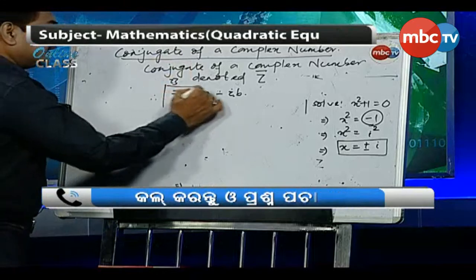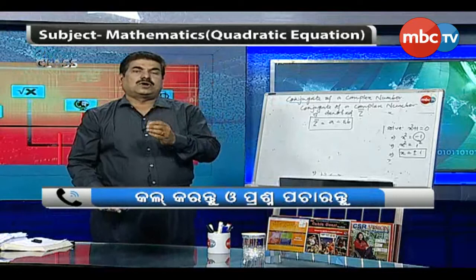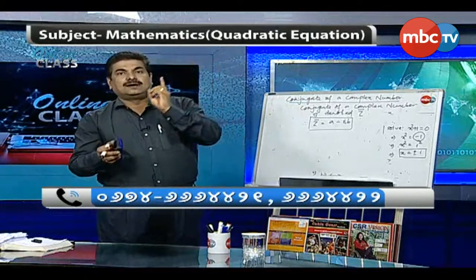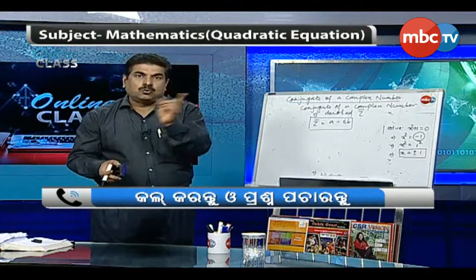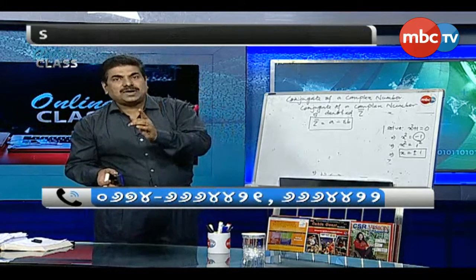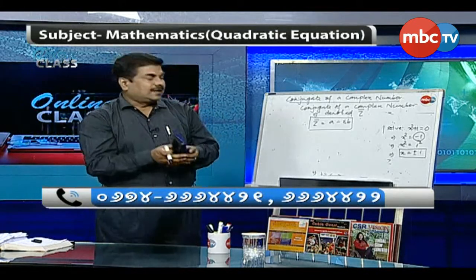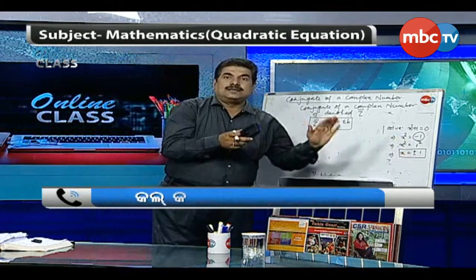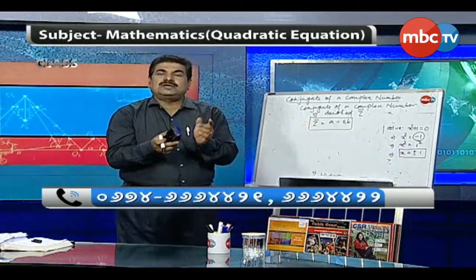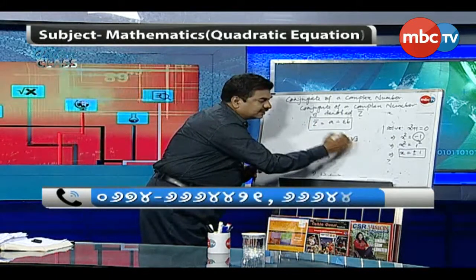That means if a, b, c are real and d is less than 0, a very important point, then it has no real roots, but it has imaginary or complex roots, and those complex roots are conjugate to each other. If one value is i, then the other one is minus i. Same case here. Suppose one root is 2 plus i root 3. This is a complex number.